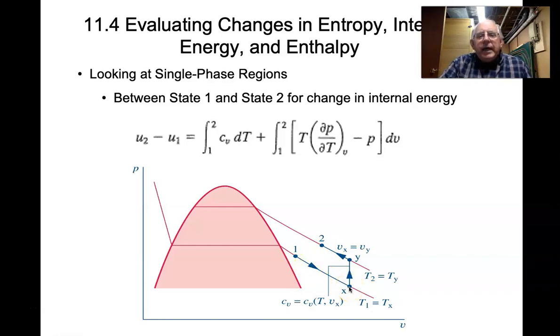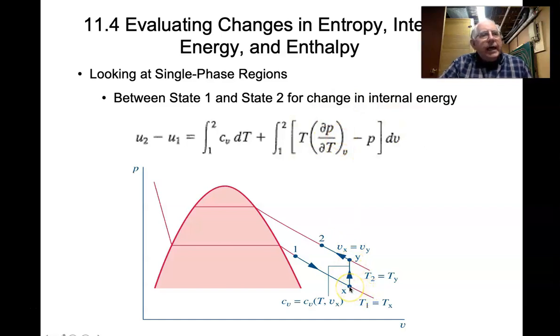Now when we say integrating across a constant temperature line, this term is equal to 0. So as we're going from 1 to point X, this term is equal to 0, and this term right here we could evaluate. And so we go from 1 to X by evaluating this term here.